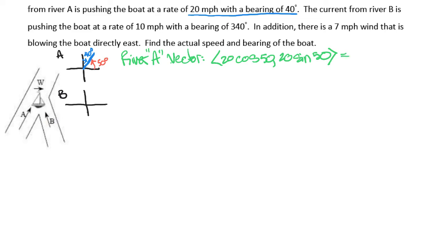Crunching that in my calculator, we get 12.856 and 15.321. Okay, well that's River A.